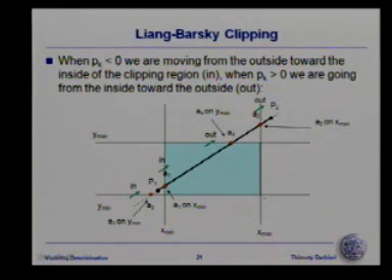It is an in. If the PK is greater than 0, it means that you are going from the inside toward the outside. It is an out. So this A2 over here is an out, because in the running direction of the parameter, it goes from the inside to the outside. So A2 is an out. Its PK is greater than 0.